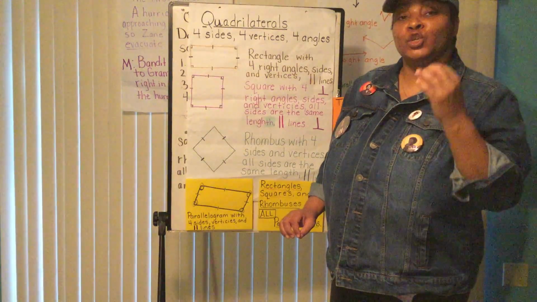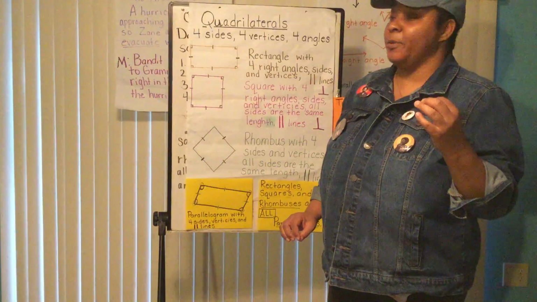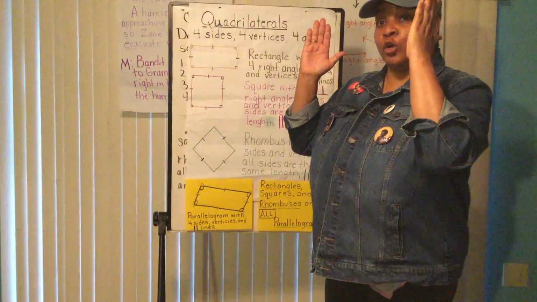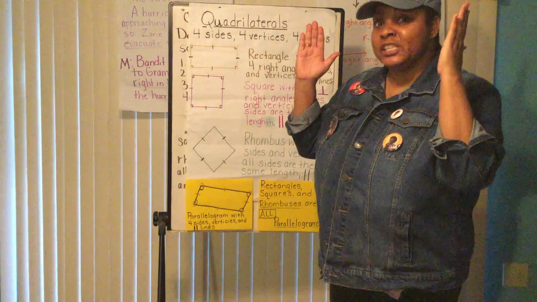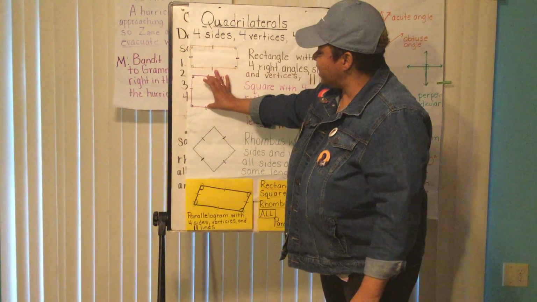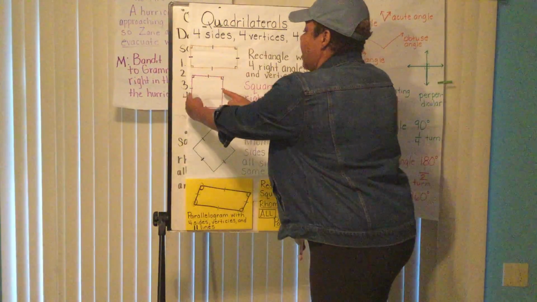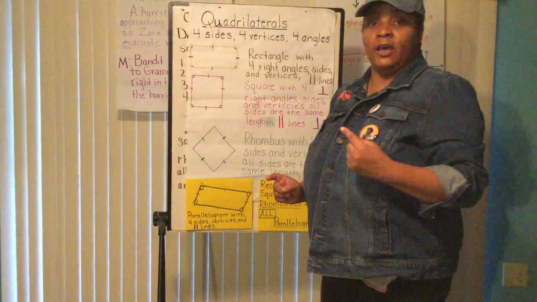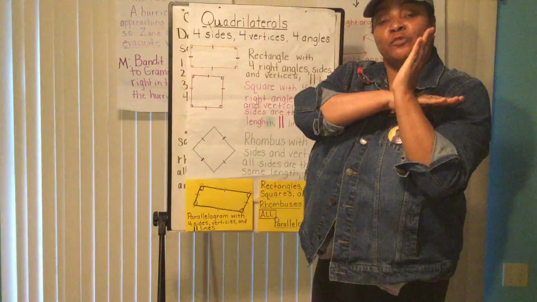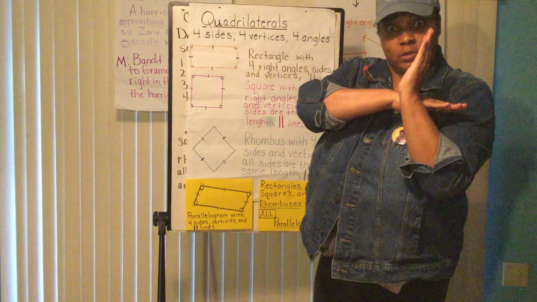It has 2 sets of parallel lines. Remember, parallel. Never meet, never cross, same distance apart. So let's look. 1 set of parallel lines and another set of parallel lines, right? And it's also got those perpendicular lines where they meet to form right angles, okay?